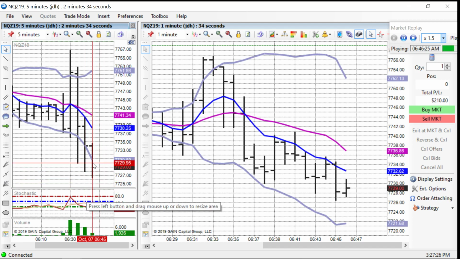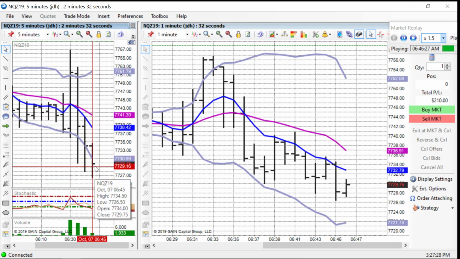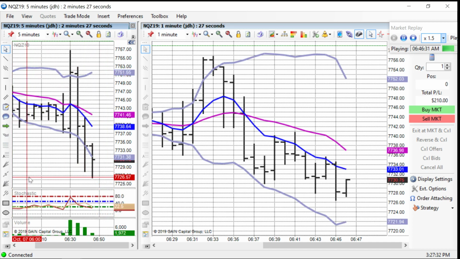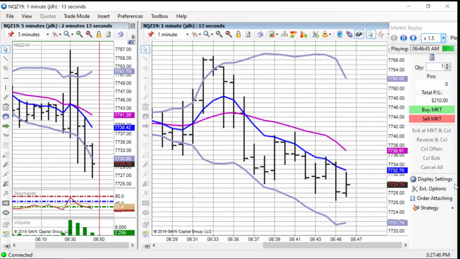But it is very close to that outer Bollinger Band here. Sometimes these downtrends can continue forever, but I'm always looking for reversals.